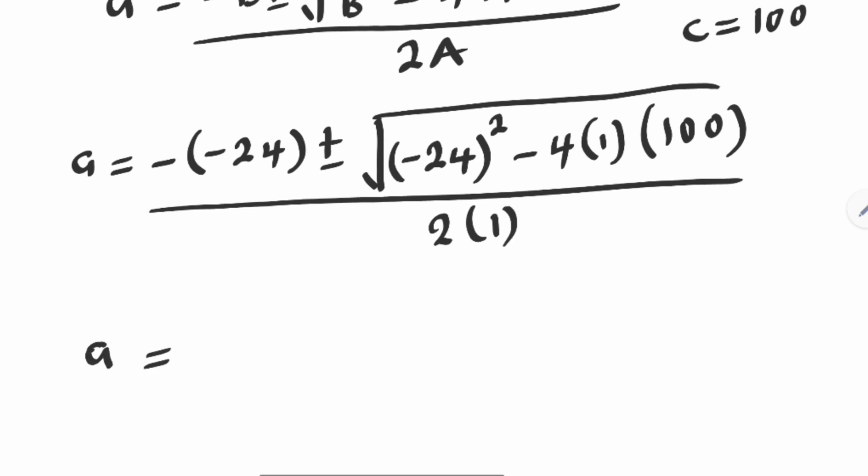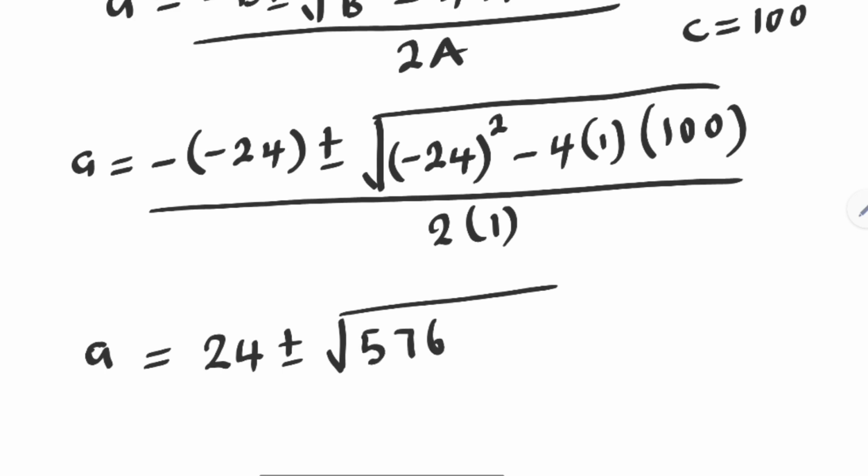A is equal to minus times minus 24, that is plus 24, plus or minus square root of minus 24 square, that is 576, minus 4 multiplied by 1 multiplied by 100, 400, divided by 2 multiplied by 1, 2.